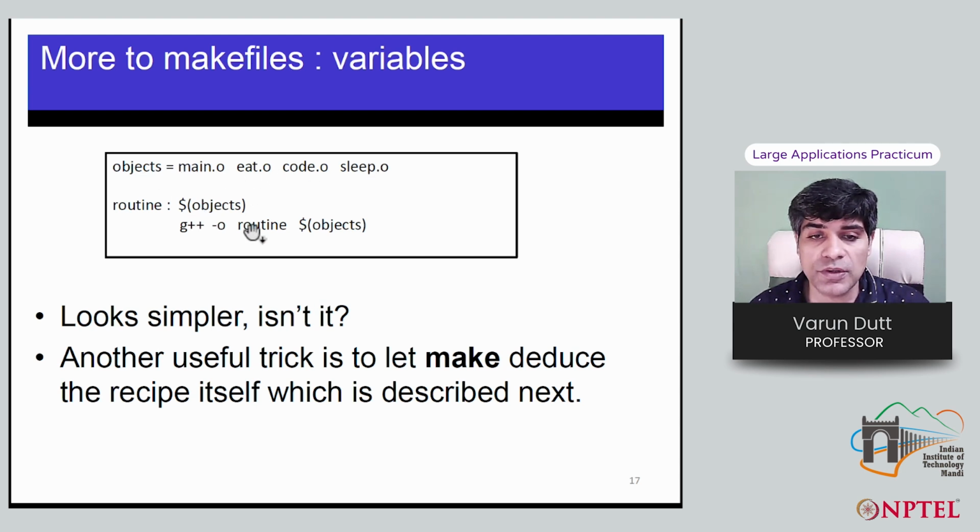And also in the g++ statement, we can refer to the same $(objects). So this is basically variable definition and then use of the variable in the prerequisite as well as in the recipe statement to give us the executable. It is very simple, and this saves us the time of rewriting these statements again and again.